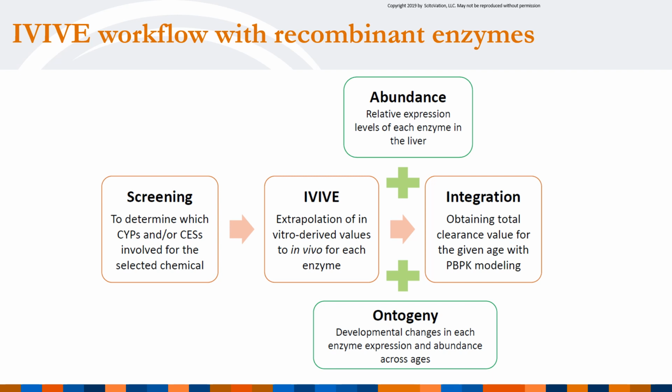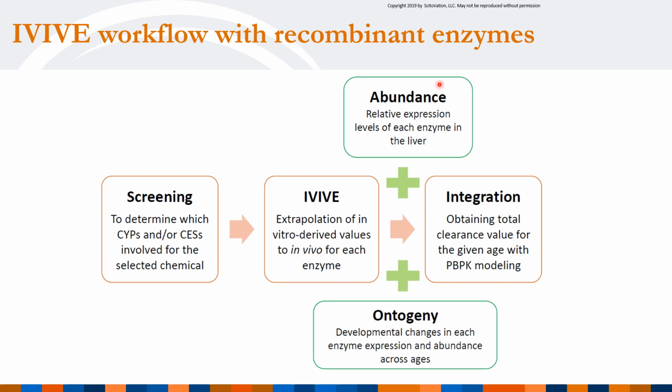Here is the IVIVE workflow with a recombinant enzyme. First, we need to do a screening to determine which CYP and carboxylesterase are involved in the metabolism of the selected chemical. Then we do IVIVE, so we extrapolate the in vitro derived values into in vivo values for each enzyme.